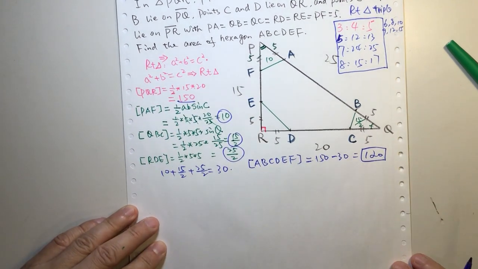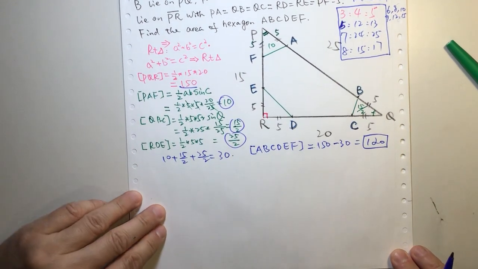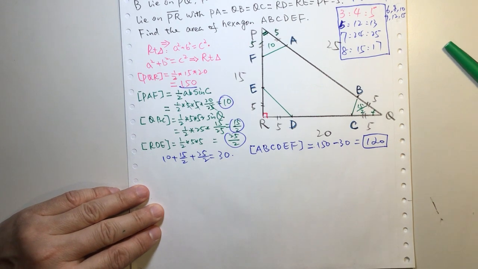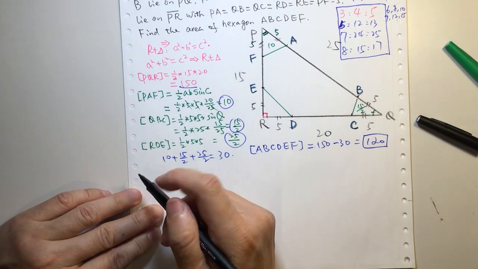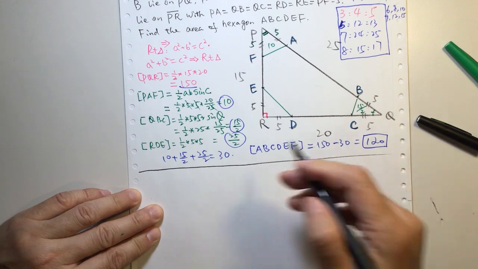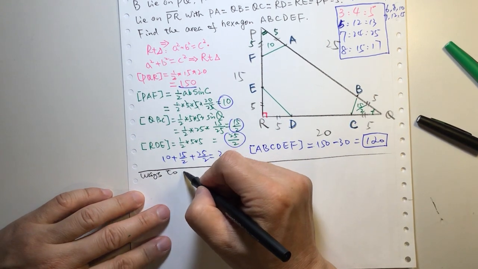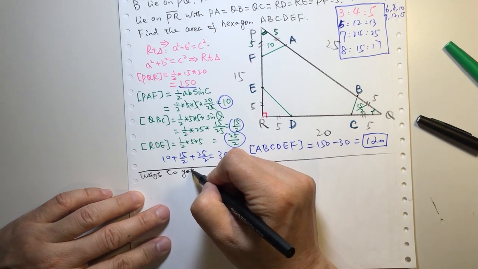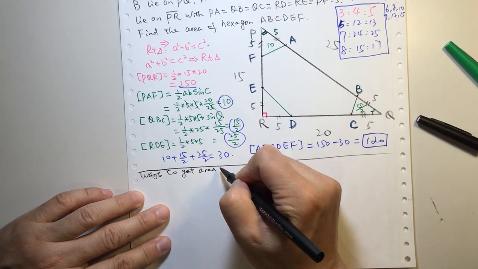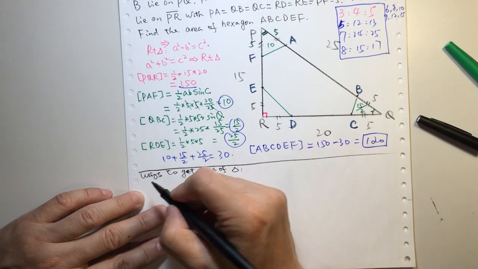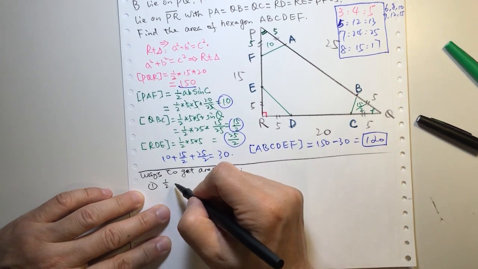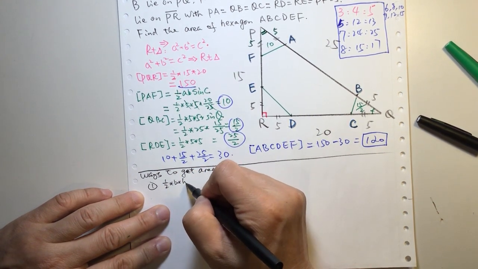And now I want to review how to calculate the area of a triangle. The first way, we know, is 1/2 times base times height.